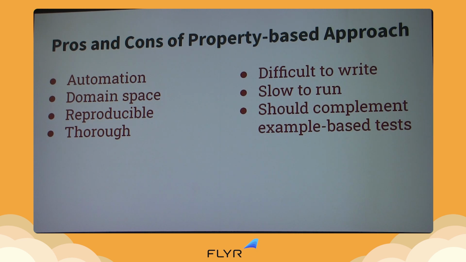But if you substitute all of it with the property-based approach, it's going to even complicate your code. So the takeaway is that they should complement each other, and in that case you will have better code and achieve better results.